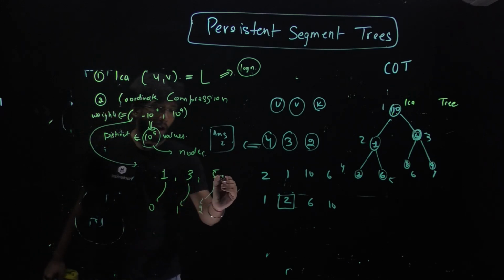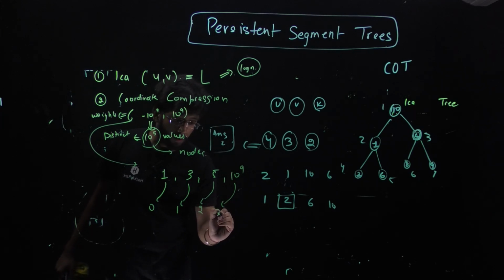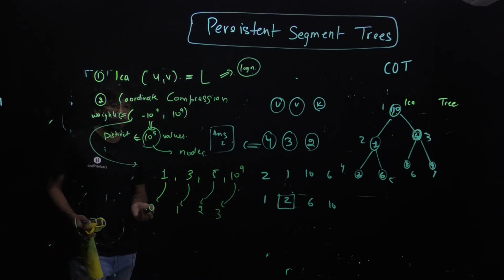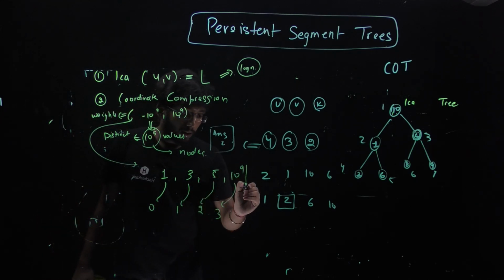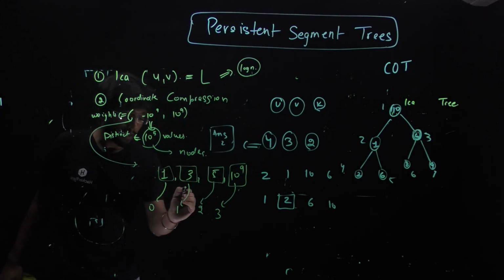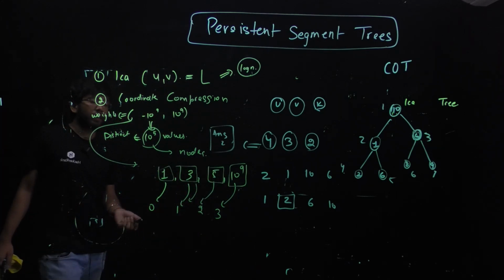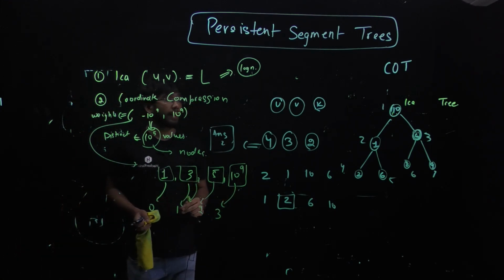And let's assume we have some 10 to the power 9 as well. So this can be mapped to the next value. In this case, we can very easily see that the person who is bigger stays bigger here as well, which is the property which we need to maintain over here. So I guess this is clear.